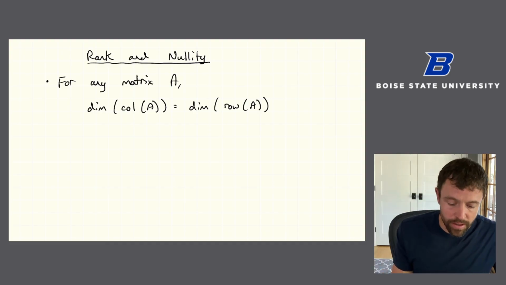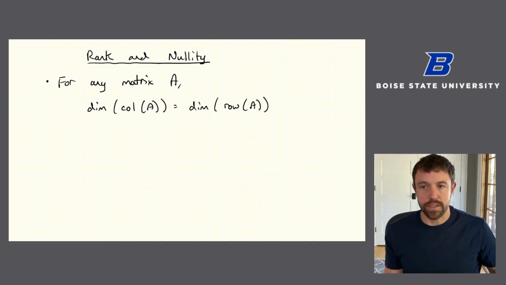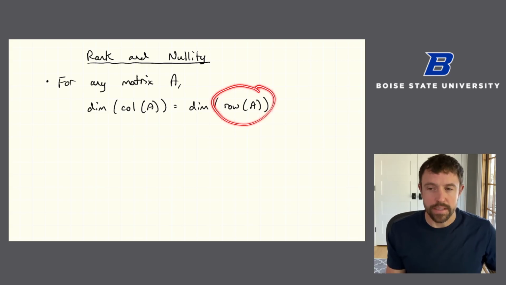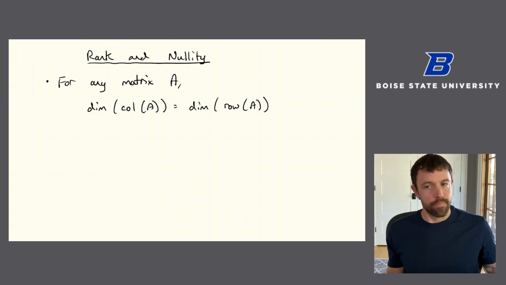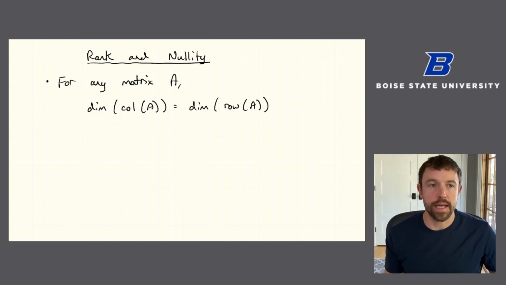In our example, the column space of the matrix was a subspace of R4, and the row space is a subspace of R3. They have the same dimension, right? I just told you that the row space has dimension 2. We looked at that picture. That means the column space has dimension 2. We'll later see why this is true, but for now, just accept it as a fact.